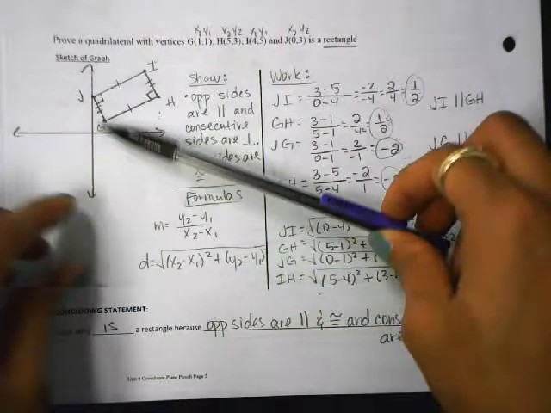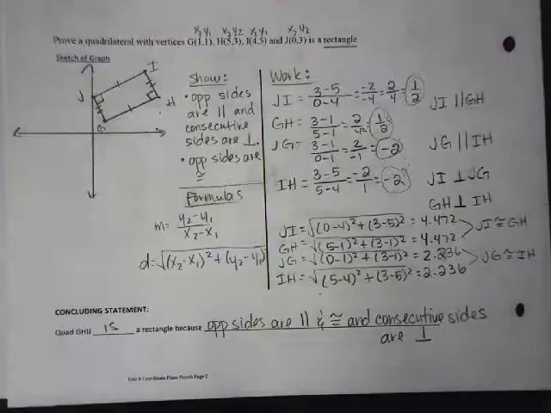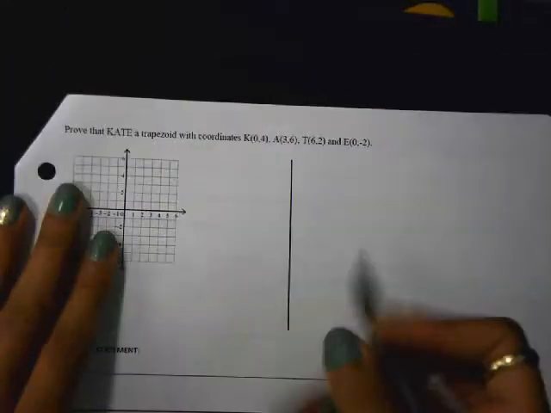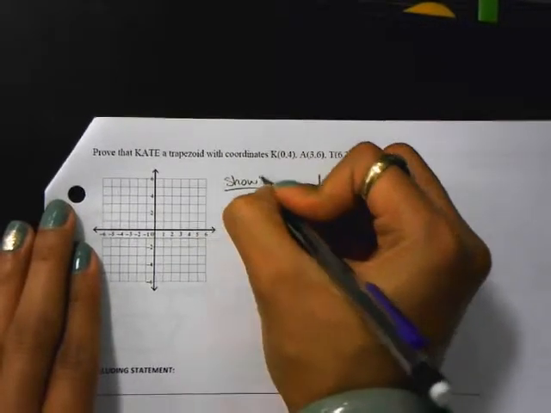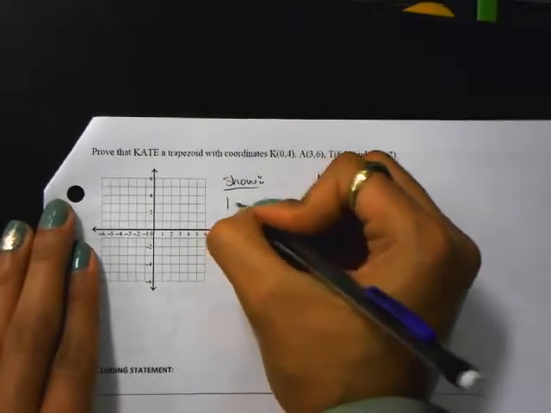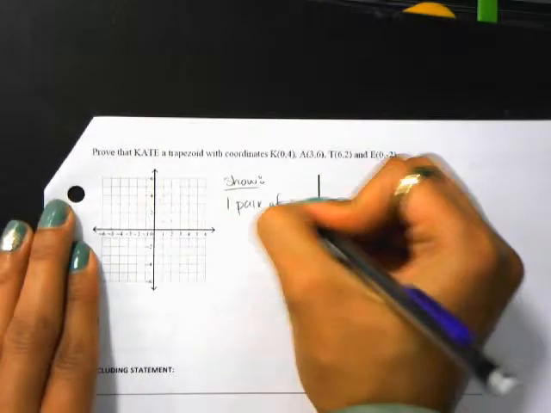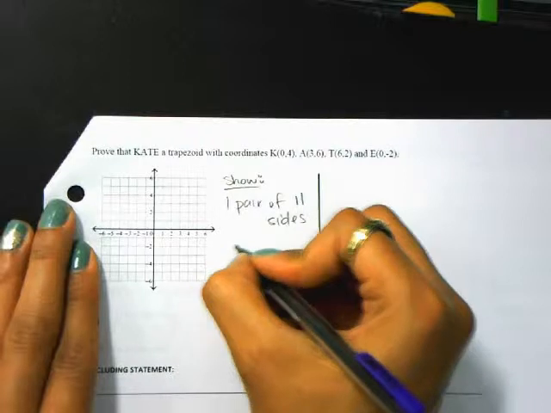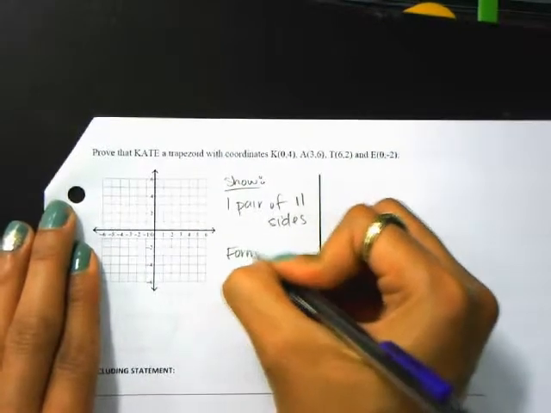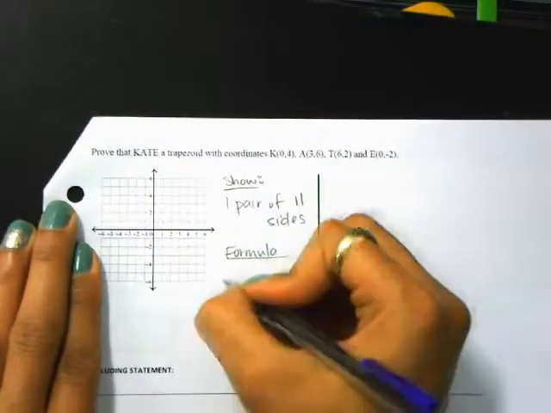So I'm going to go ahead and quickly graph these because we're running out of time. We have K, A, T, and E.